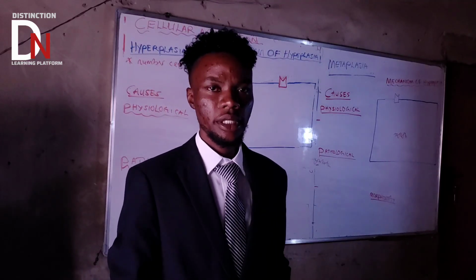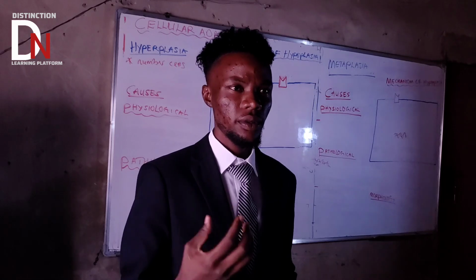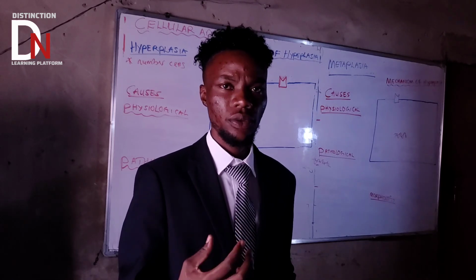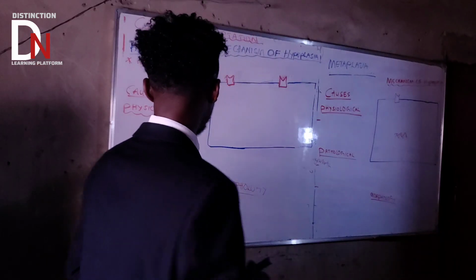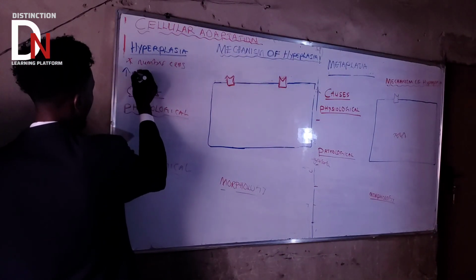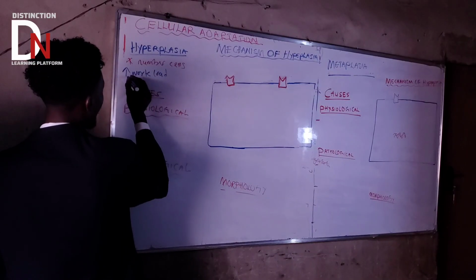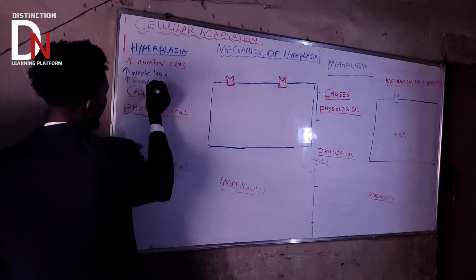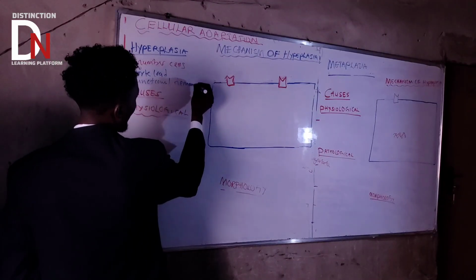Now, why do you think a cell can undergo hyperplasia? Why do you think cells can divide? It is because a cell is experiencing increase in workload and also increase in functional demand.